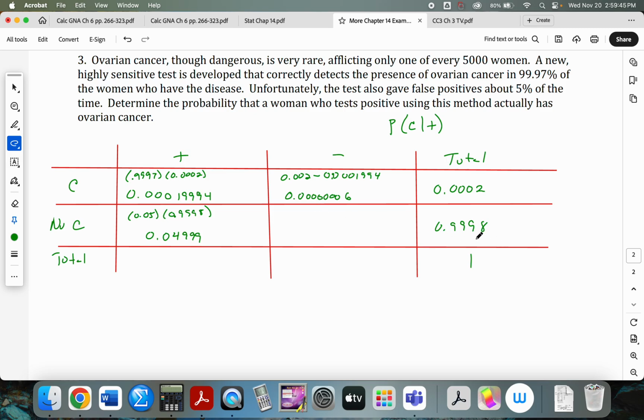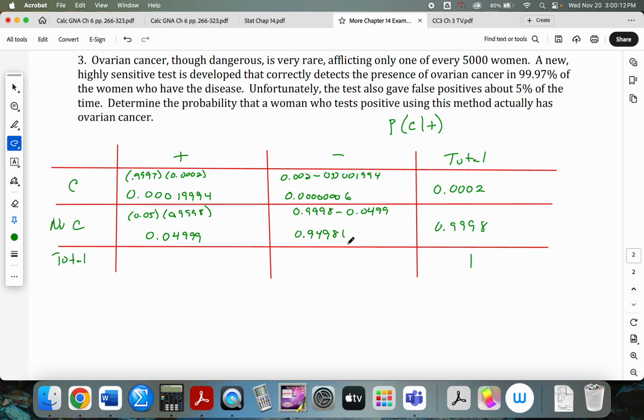Subtracting that from the 0.9998, we end up with 0.94981.